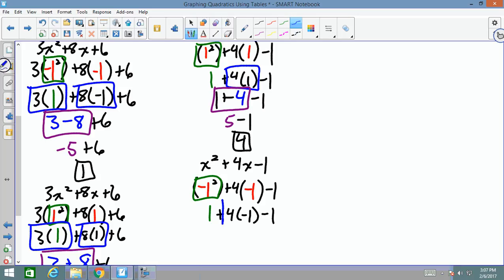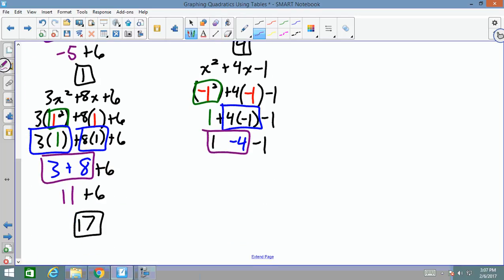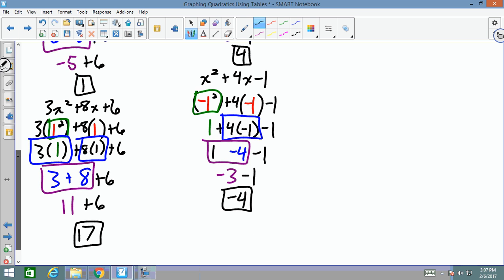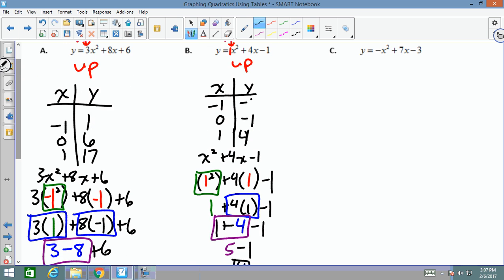Then do our multiplications. So 4 times negative 1 is negative 4. Then we add from left to right, so that's negative 3. So negative 1, it is negative 3. And there's the rest of our chart. This is the last one.